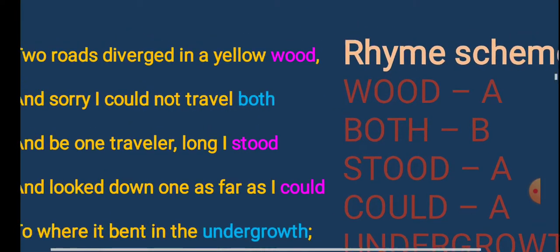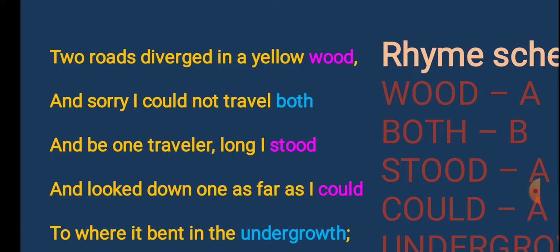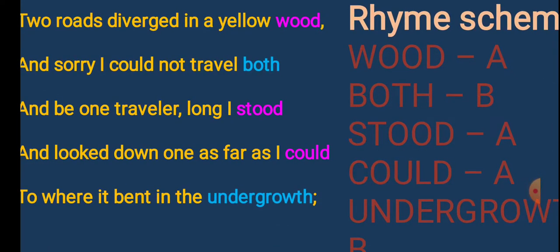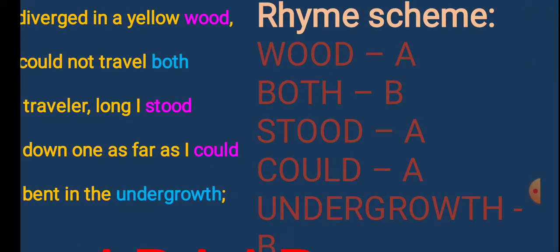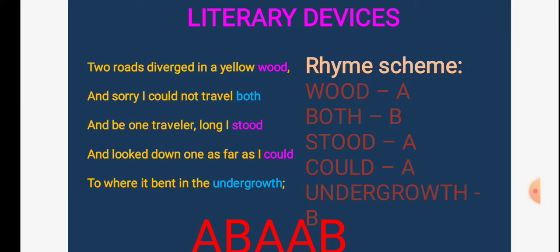You can see the last words: both, stood, could. The words in pink color, would, stood and could, are rhyming in the same manner. This is the rhyming scheme, but both is not rhyming with would and stood and could. Undergrowth is rhyming with both.